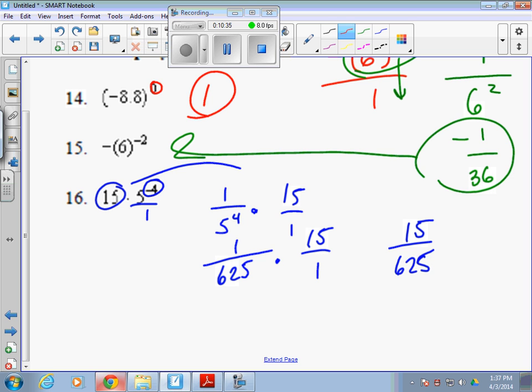Okay, we had a little mistake right there. 15 over 625. The number 5 does go into them. It goes into 15 3 times, and it goes into 625 125 times. That makes better sense. 3 over 125 is your simplified version, finally, of number 16.